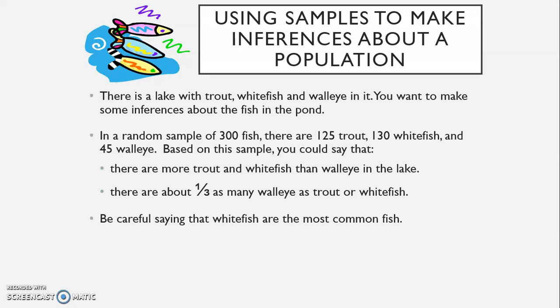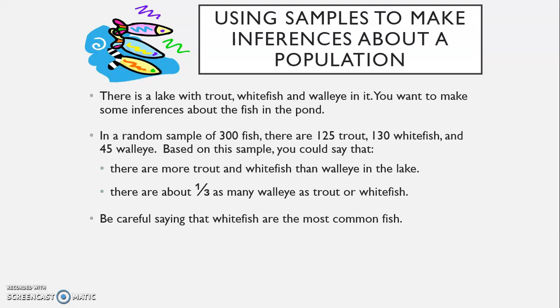So your sample is large enough, right? And it's a random sample. So it is a good unbiased sample. But if you look at the numbers, there are 130 whitefish and 125 trout. That's not a very large difference, right? 125 to 130. So it's not really accurate to say that whitefish is the more common fish.